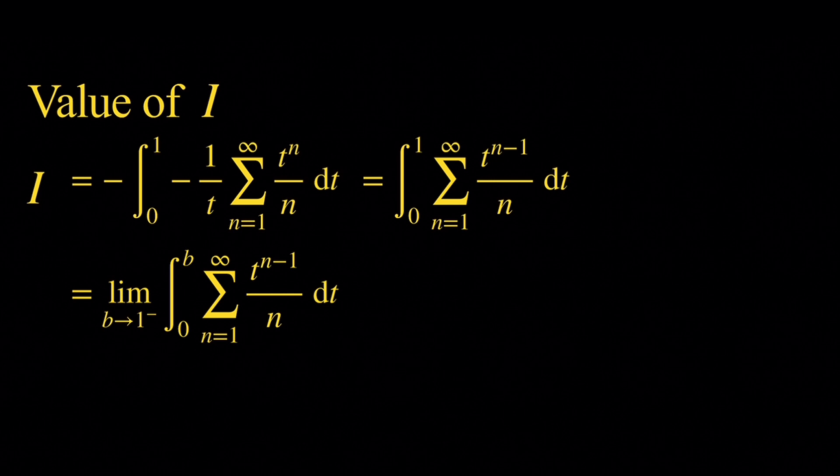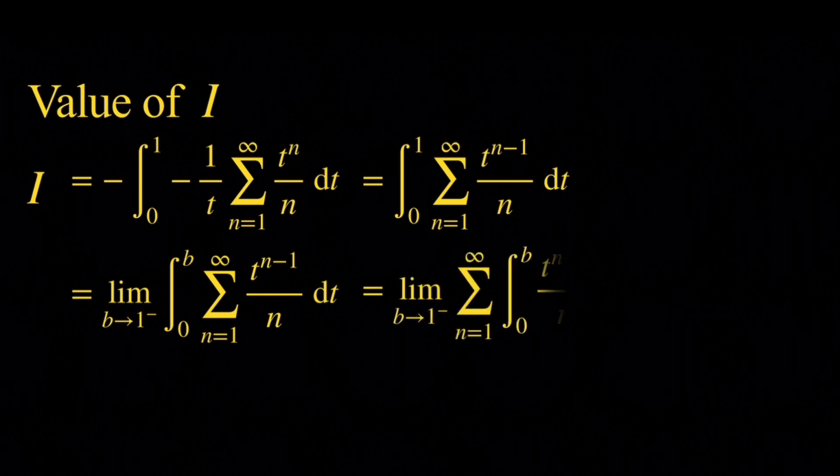Now, because this series is convergent from negative 1 included to 1 excluded, we know that the interval 0 to b, as long as b is less than 1, is contained in the interval of convergence. We can then switch the summation and the integration.